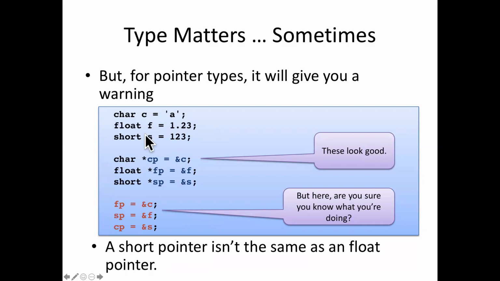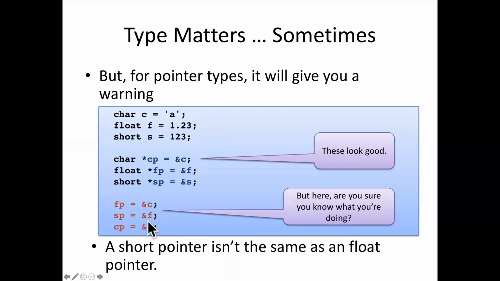I make a char, a float, and a short, and then I make 3 pointers and set them each to point to their type. So a char pointer pointing to a char, float pointer pointing to a float, and so on. And then after I've done that, I try to sneak in and change the type those pointers point to. I try to take the address of the char and put it in a float pointer.